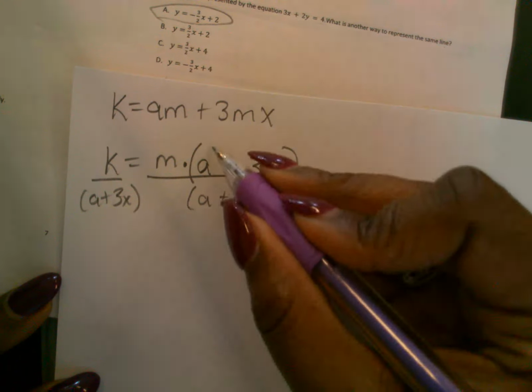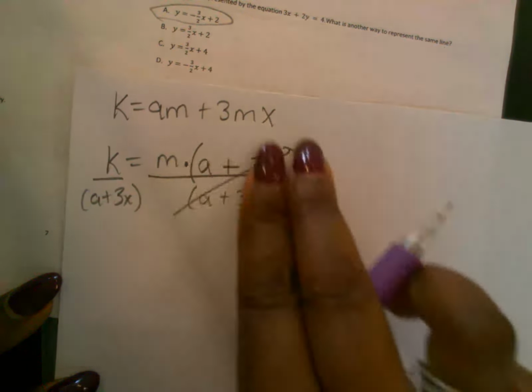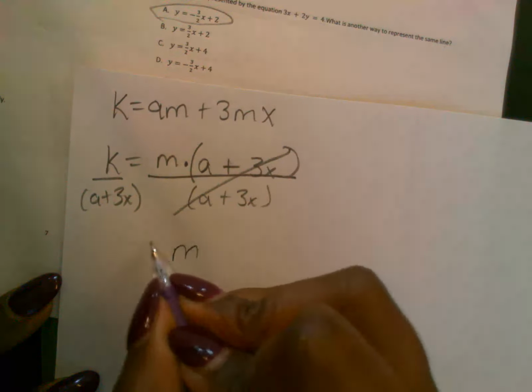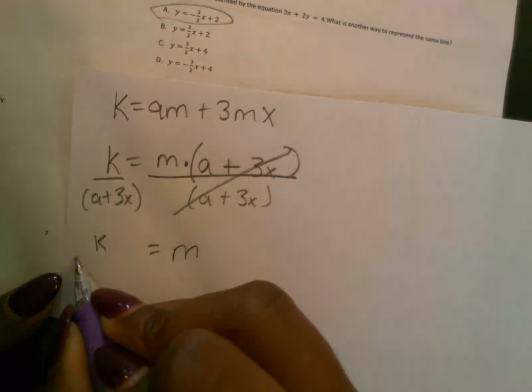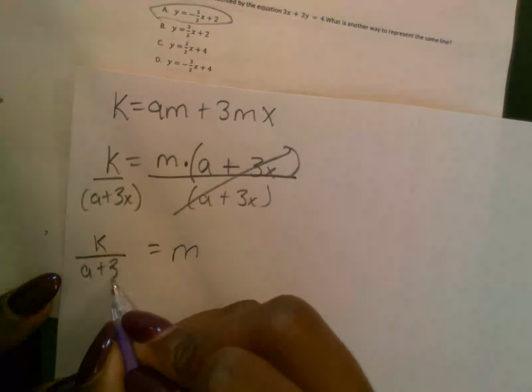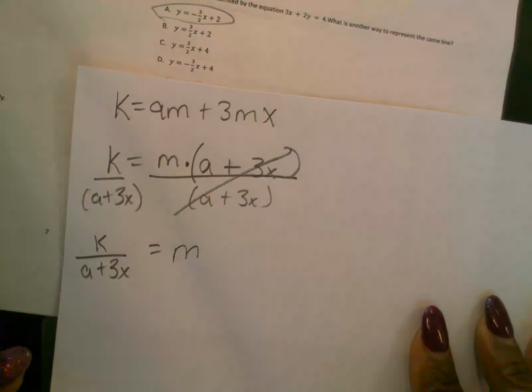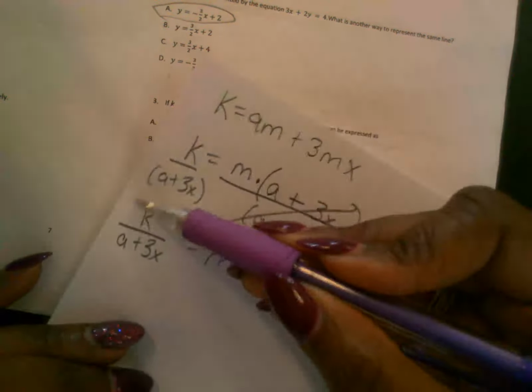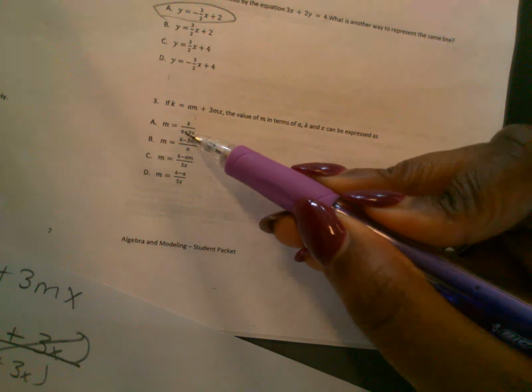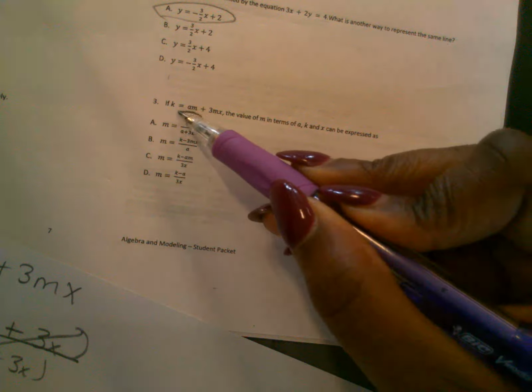So when you divide this side, that's gone, and you're left with just m on this side. And on this side, you have k and a plus 3x, okay? So you got m is equal to k over a plus 3x. Very good. That's this one, okay?